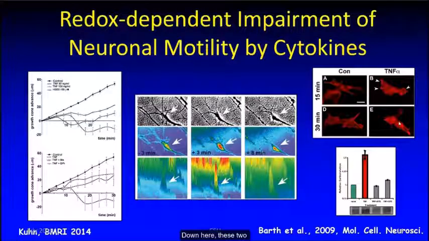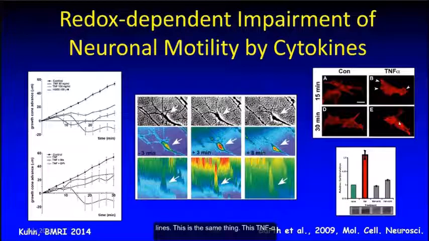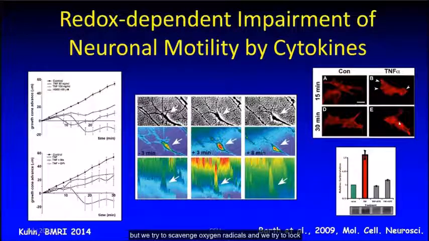Down here, these two lines are the same thing, TNF-alpha, but we try to scavenge oxygen radicals and block the NADPH oxidase, and we can rescue quite an amount of the motility machinery. Not fully, but quite a bit. So the idea came up that cytokines elicit an oxidative stress, and it freezes up the cytoskeleton.